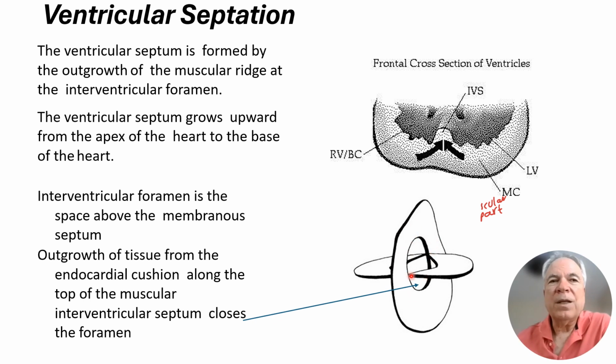So this is showing you the AV canal right here. This is the membranous portion, and this is the muscular portion coming up here, closing the ventricular septal defect.